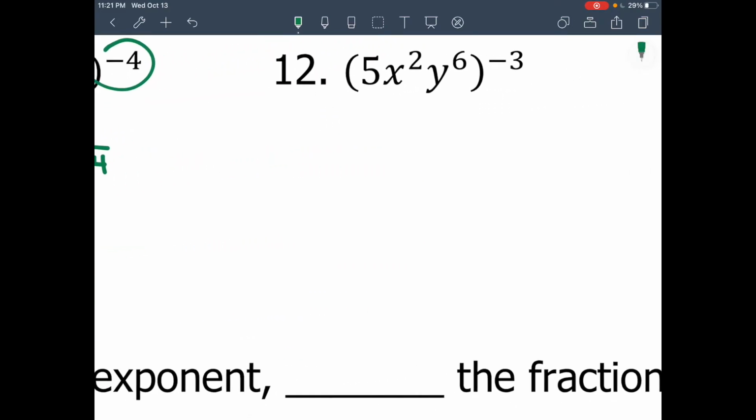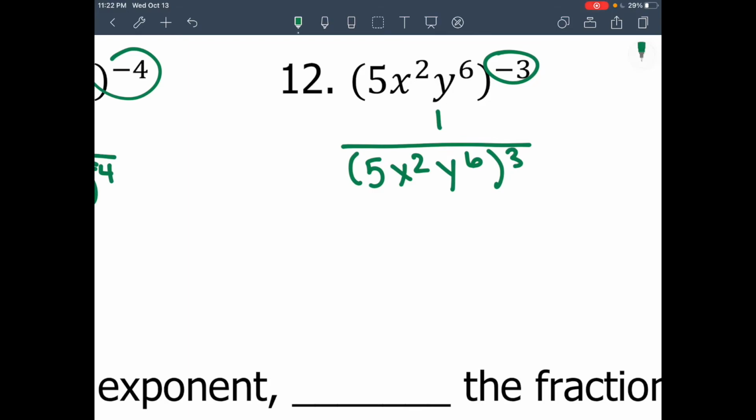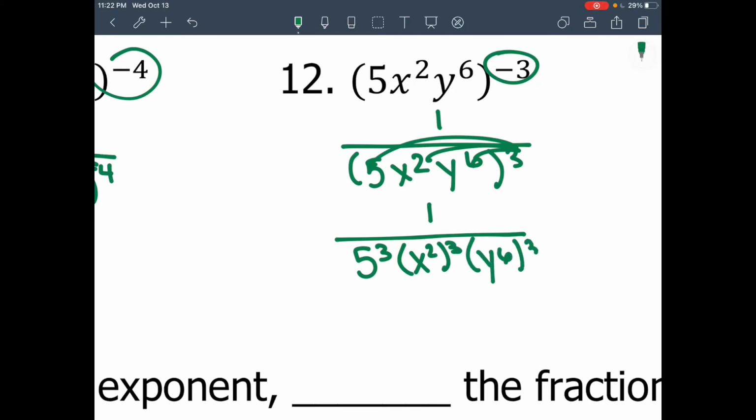All right, and then the next one, it looks like a lot, but not bad. So first we're going to take care of that negative. So 1 over 5x squared y to the 6th, and then cube it, and then that's going to be given to 1, 2, 3 things. So I'm going to do 5 cubed, x squared, then cubed, and then y to the 6th cubed.